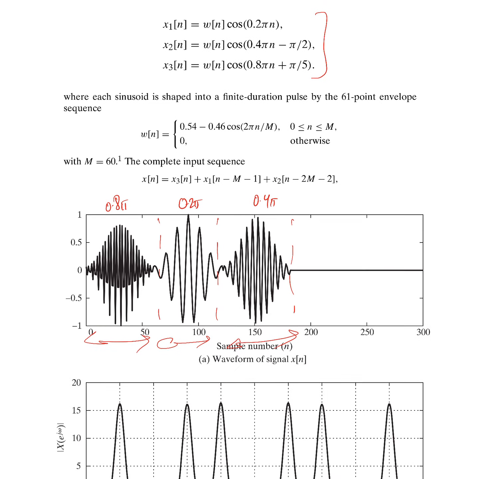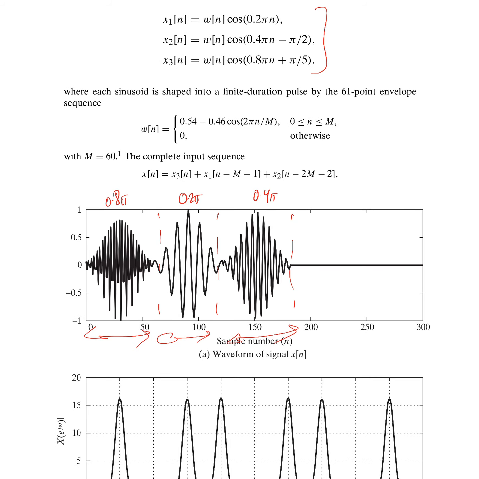Now if I try to capture this analysis in the output response, this narrowband pulse would be highly attenuated. This bunch of signal would be highly delayed in comparison to this one, and the magnitude of this one would increase slightly, while the magnitude of this one would be increased by 2.